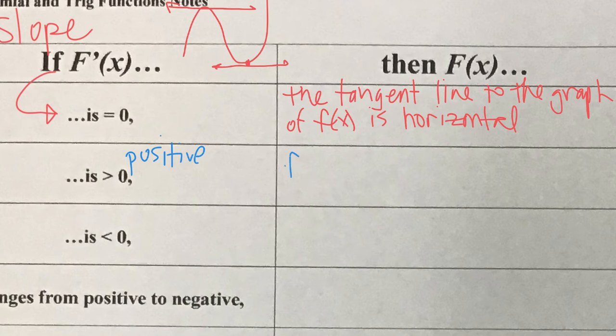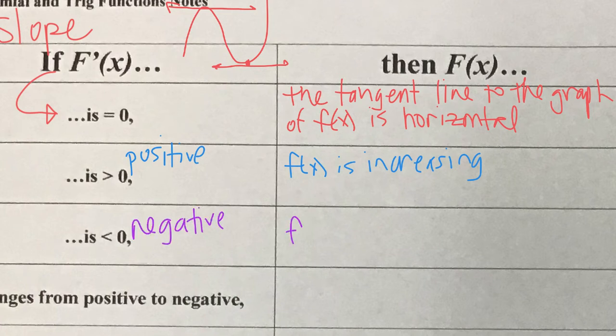That means that f of x is increasing. The y values are getting larger on the actual graph. And if your slope is negative, that means the y values on f are decreasing.